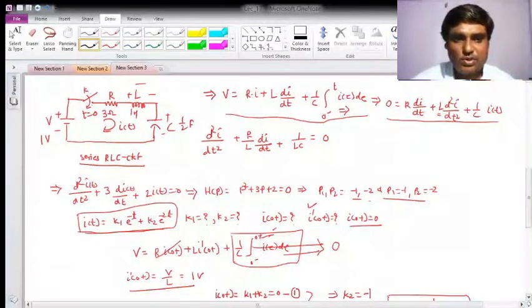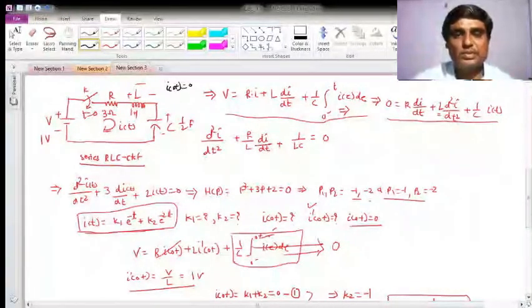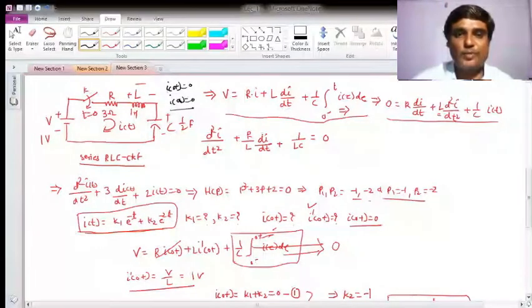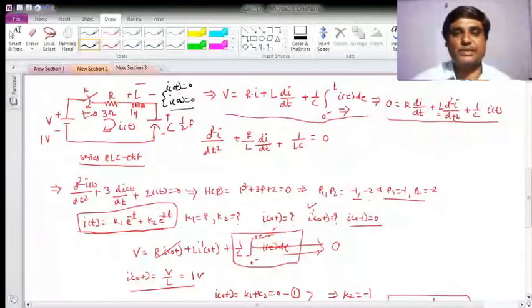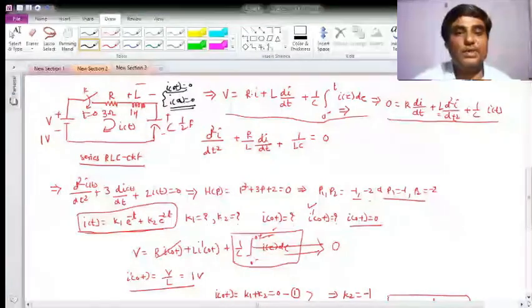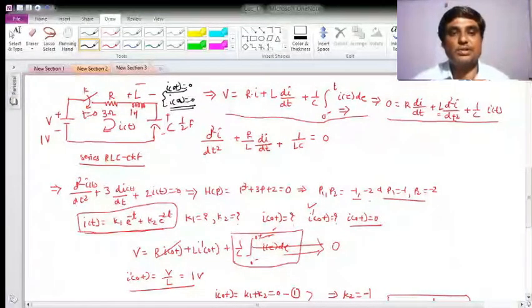So initially, due to the open circuit of the inductor, the initial current will be 0. As time progresses, L has been charged and C has also been charged, but it became open circuited. That's why the current through the capacitor is also 0. So the final current I of infinity will also be 0, and the behavior runs between 0 and infinity. Initial current is 0, final current is also 0, and the behavior runs in between.